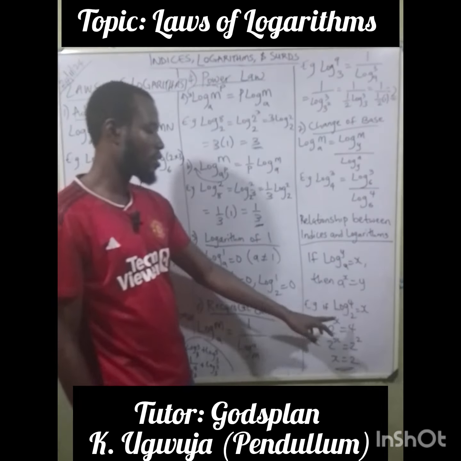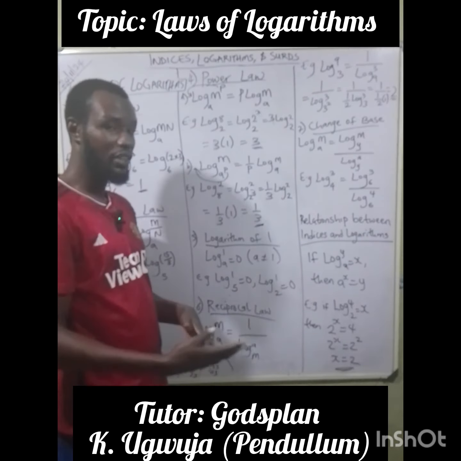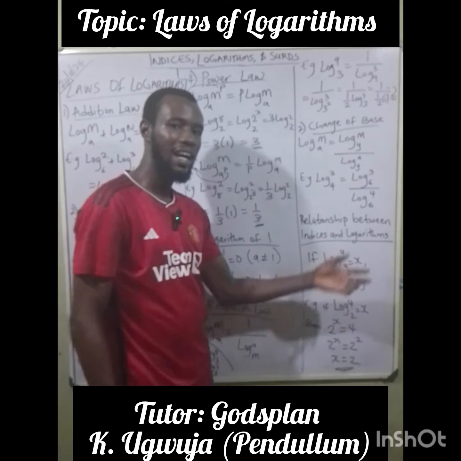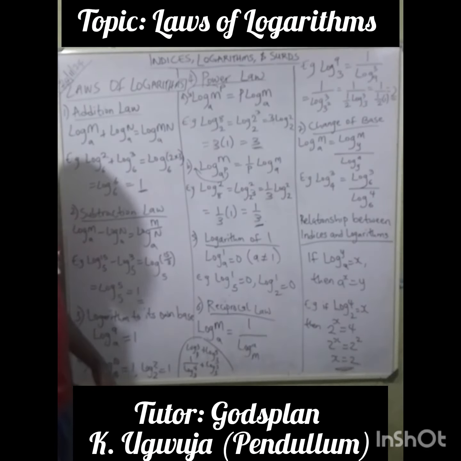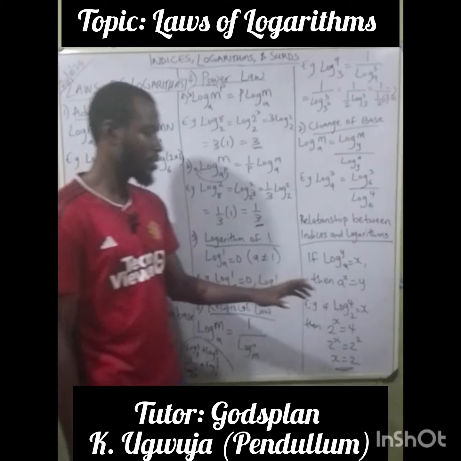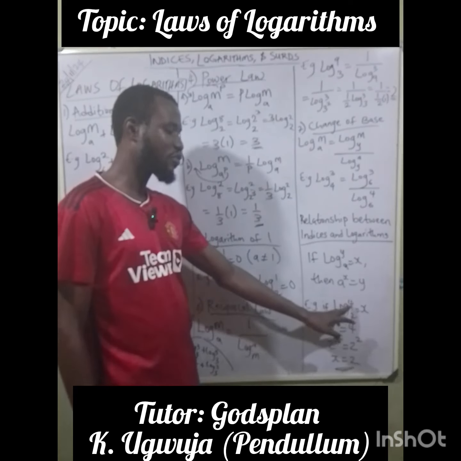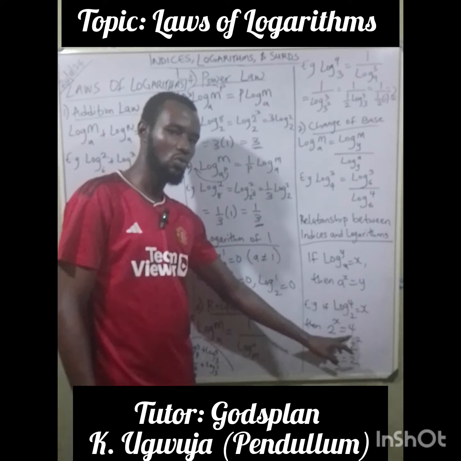So if, for instance, you have log 4 base 2 and you want to solve it, there are two ways to solve it. The first way: now you can express 4 as a power of 2, which will be log 2 squared base 2.